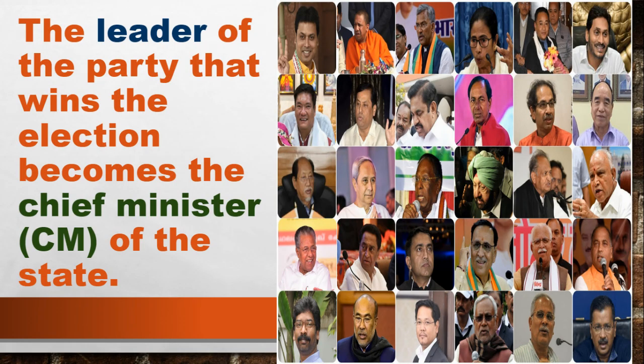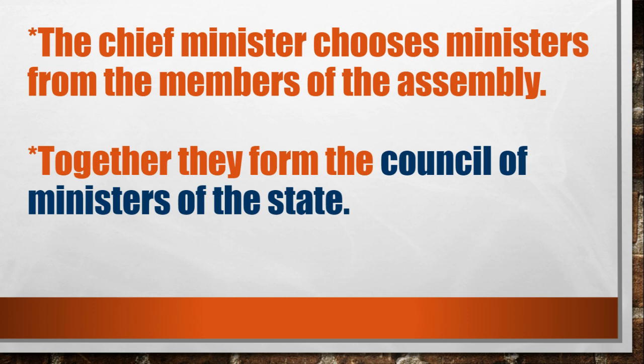You know, the leader of the party, which has more than half the number of members in the state assembly, becomes the chief minister, that is, CM of the state. The chief minister chooses ministers from the members of the assembly.